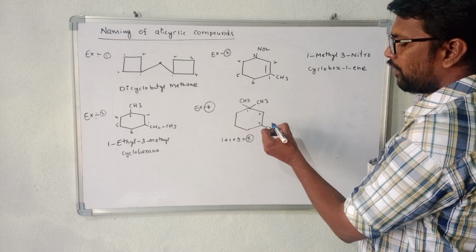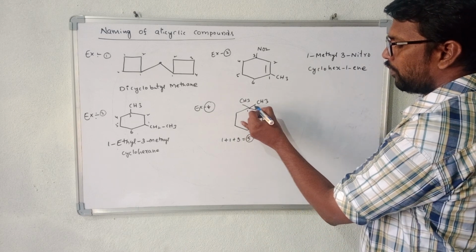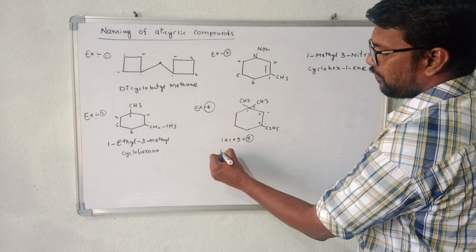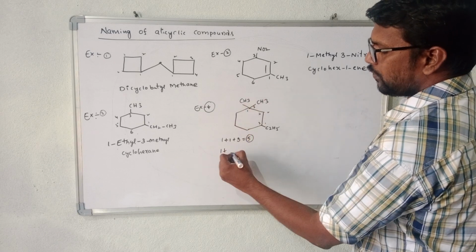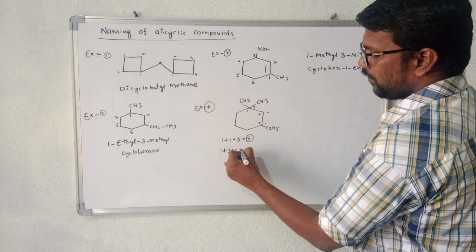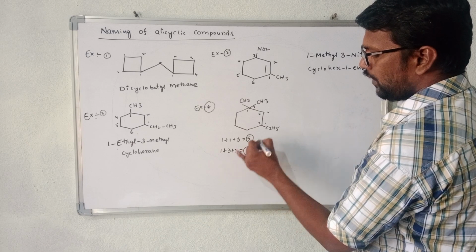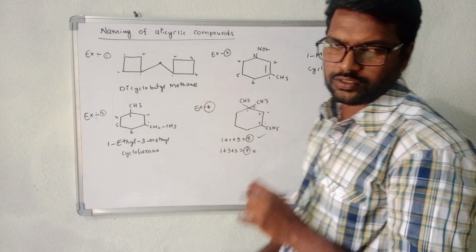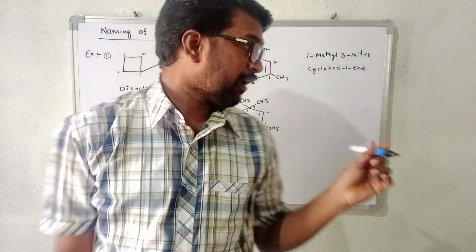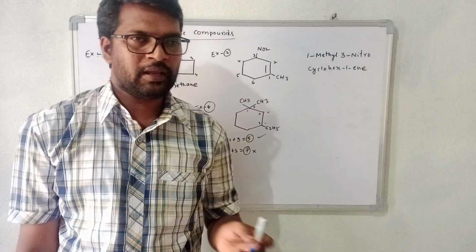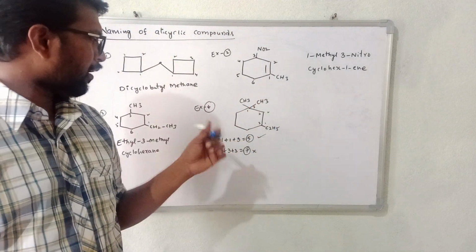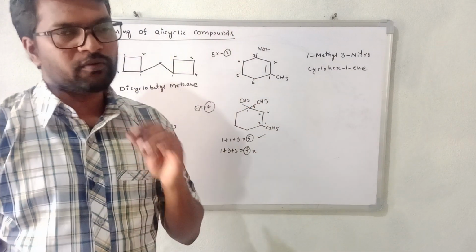Instead of that, if you number like this: 1, 2, 3, then at the first place 1 and at the third place 2 substituents are present, 3 plus 3, so it is 7. So here we follow the lowest sum rule. Whenever substituents are present like this, if you want to write the name, we also have to follow the lowest summation rule.